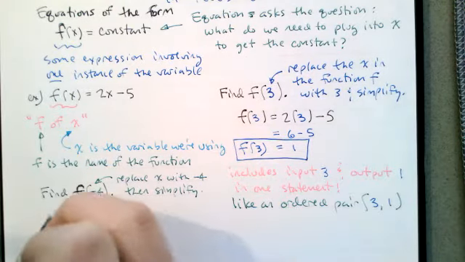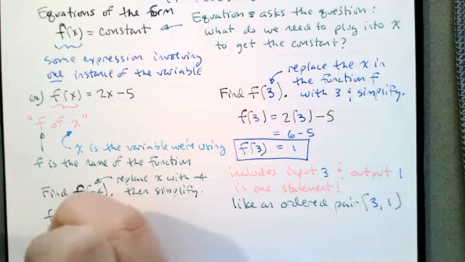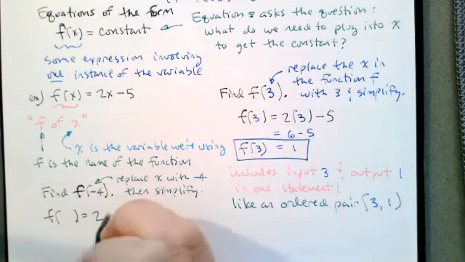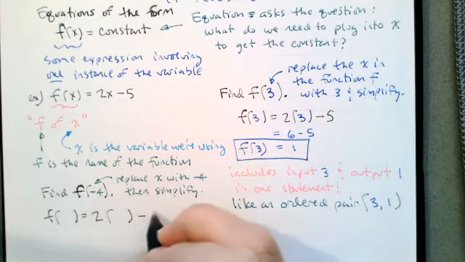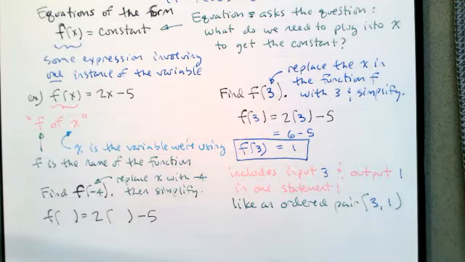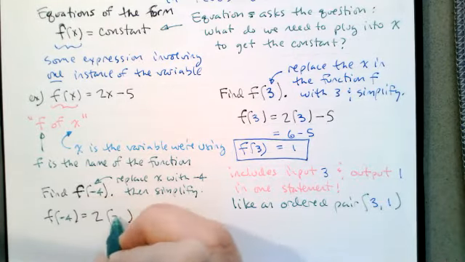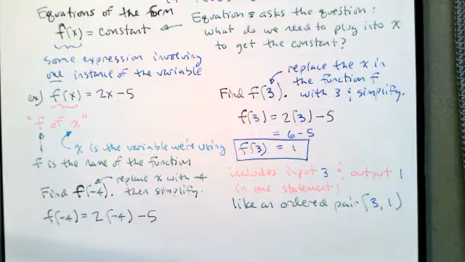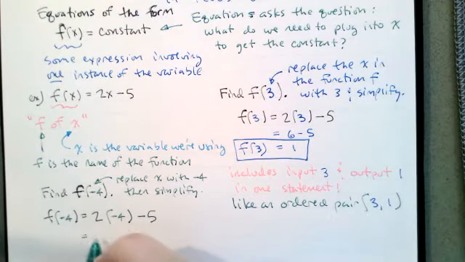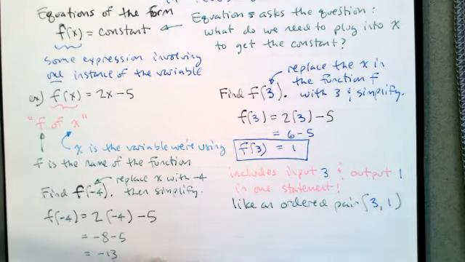So I write the expression. f of -4 is going to be 2 times -4 minus 5. Really what I'm doing is replacing x with a blank set of parentheses, and then I fill in what I need to fill in. And then we simplify the expression. 2 times -4 is -8. -8 minus 5 is -13. So f of -4 is -13.